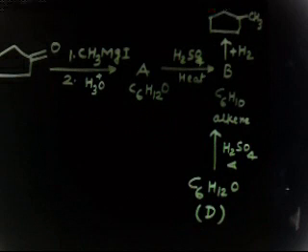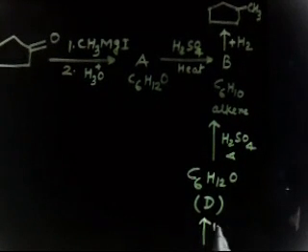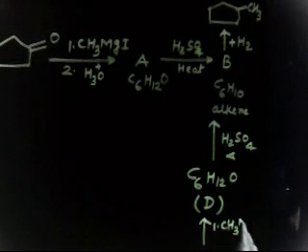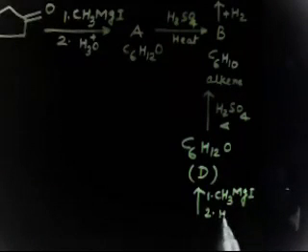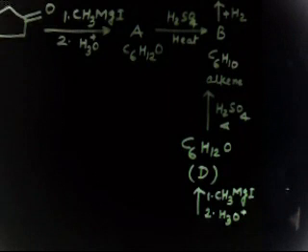Now D can be prepared from CH3MgI, Grignard reagent, and the second step is hydrolysis H3O+. Are you getting or not?